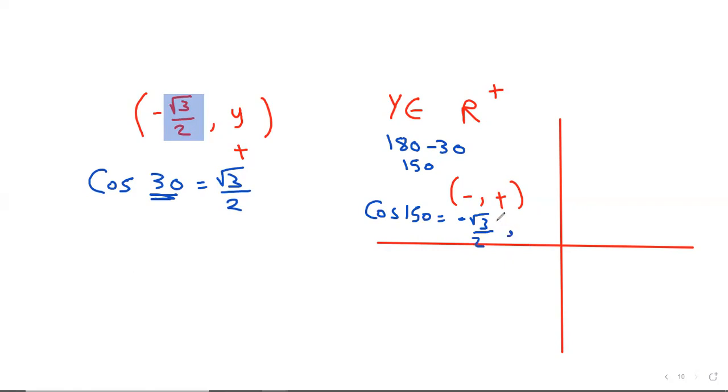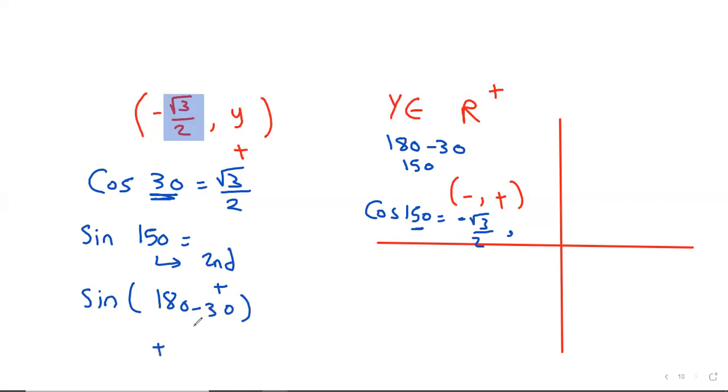What about y in this case? It's 150, so sine 150 in the second quadrant. Sine is positive in the second quadrant, and we can write it as 180 minus 30.